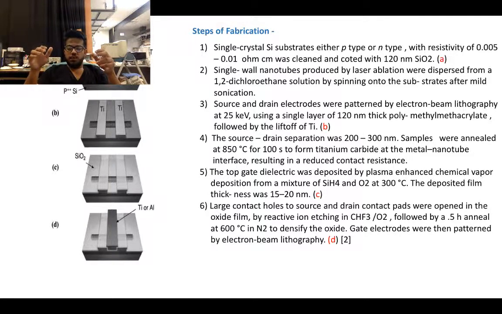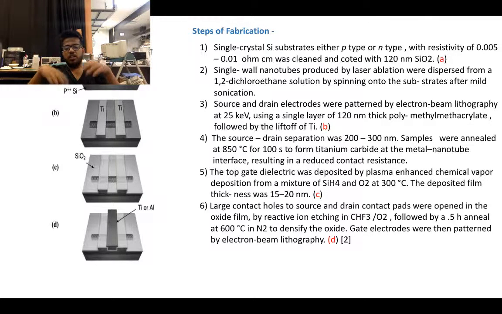Once you are done with e-beam lithography with the presence of this polymer mask, you do something called a lift-off using titanium. Lift-off is when you etch away that mask to expose the surface, and you are left with two titanium strips which act as your drain and your source.